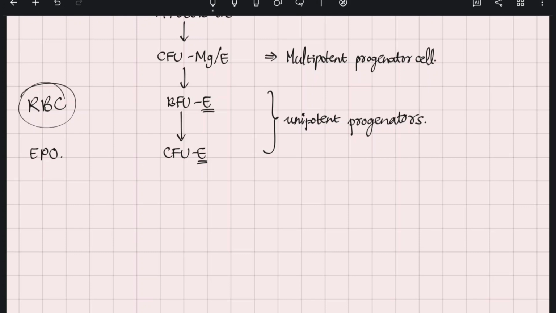So where is this erythropoietin coming from? It is from the kidney. Only from the kidney? No, it also comes from the liver, but the major site of production is the kidney. But in the kidney where? You should be specific.